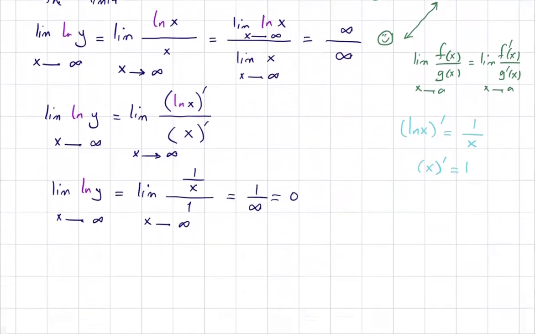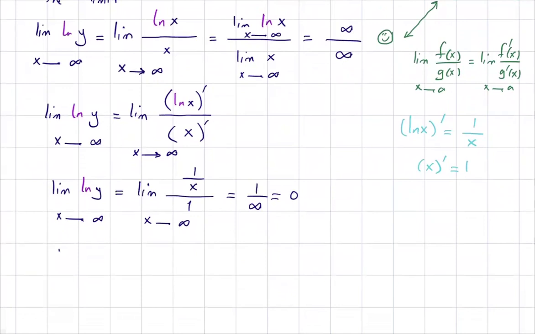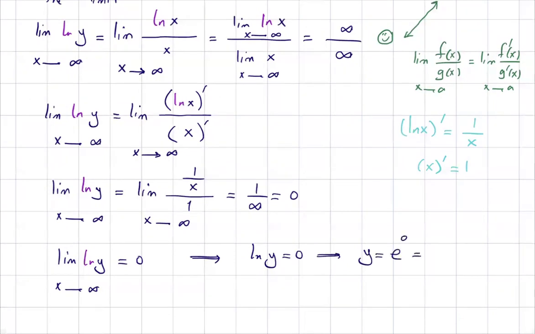Well, what happens here? I have the limit of ln of y equals 0 as x goes to infinity. It means that ln of y is equal to 0. It means that y is e to the power 0, or 1.